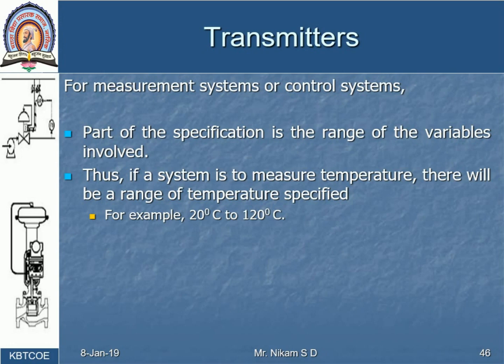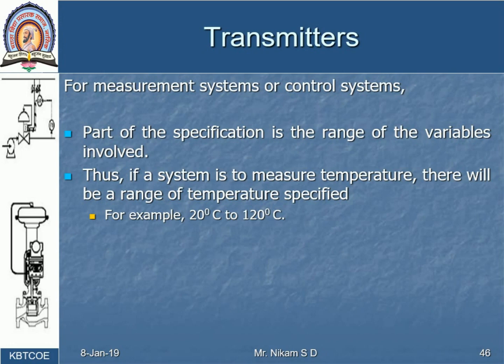What type of signal are you going to transmit? We generally prefer the current. That we will discuss in detail. Why do we go for the current? That we will discuss. But here we got a change in resistance from the RTD. Then it gets converted into current form. So what should be the current form range?